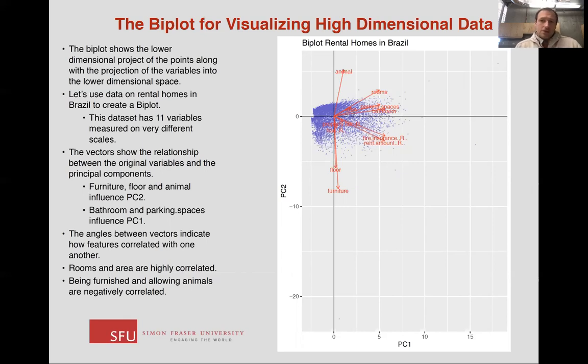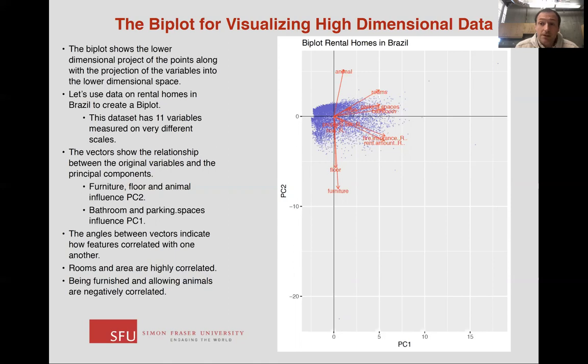All right, so let's take a look at this biplot. We see some vectors here in red, and these show the relationship between the original variables and the principal components. Let me walk you through a quick interpretation. We have a variable here, furniture, which indicates whether or not a home is furnished.